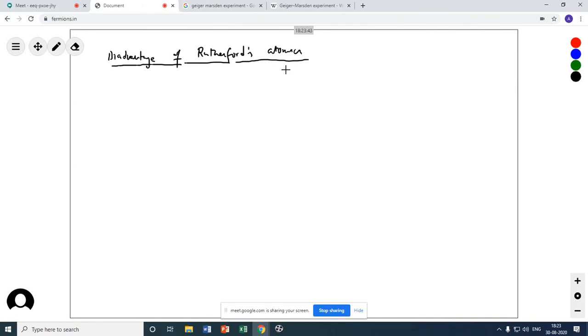According to the Rutherford model, the atom consists of a central core called the nucleus, and electrons revolve around the nucleus in a circular orbit.